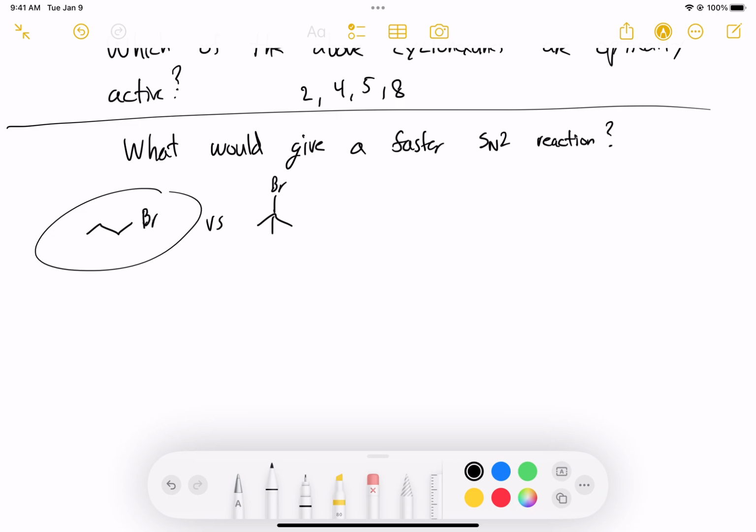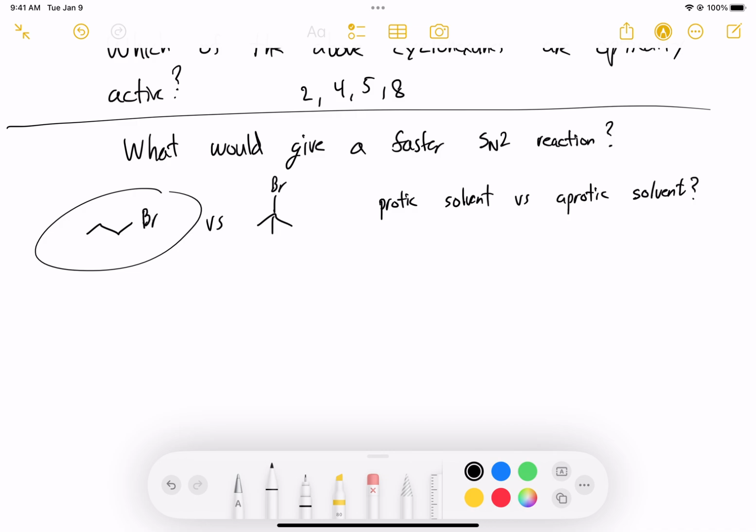All right, so often we have protic solvent versus aprotic. So remember, protic solvent, for SN2 reactions, you need a polar solvent, but if it's protic, it might tie in, or it might sequester your nucleophile.